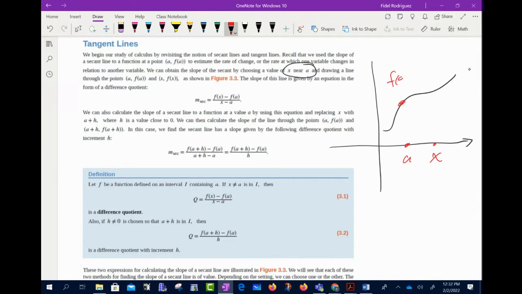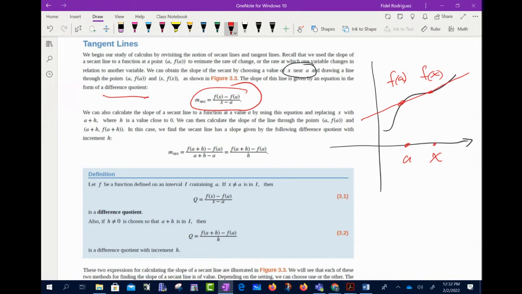So this would be f of a, and this one here would be f of x, and then we'd have a secant line, right? And the idea here, y'all, is this is what we're calling the difference quotient, okay? So this is roughly what my graph would kind of look like, right?